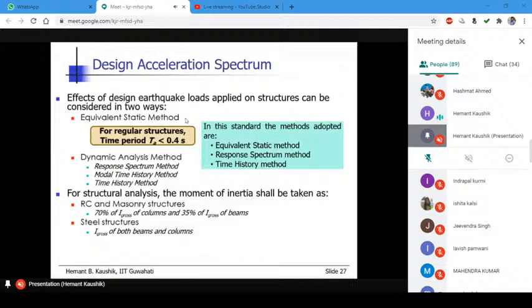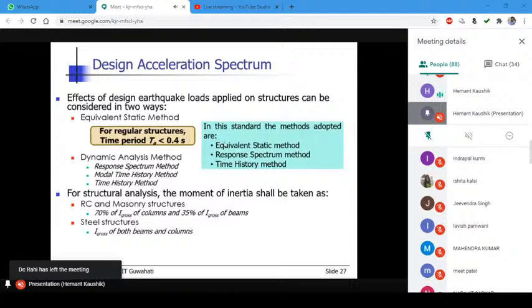So the response spectrum method is one such dynamic analysis method. Along with response spectrum, the code also recommends doing modal time history analysis or time history analysis methods. Depending on the irregularity, the code also says you have to use a nonlinear analysis. Now, these are the three methods adopted by IS 1893: equivalent static method, response spectrum method, and time history method.